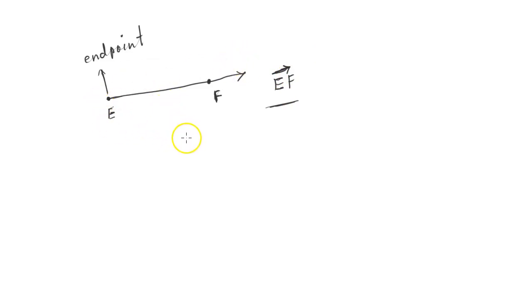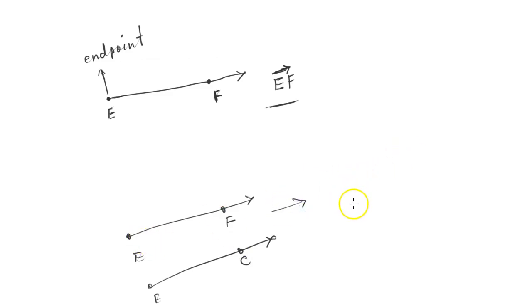Now an angle is the union of two rays. That means that if you have ray EF, and then another ray, for example EC, then if I unite these two rays on the endpoint, you join them together, and there is some rotation between the two rays.